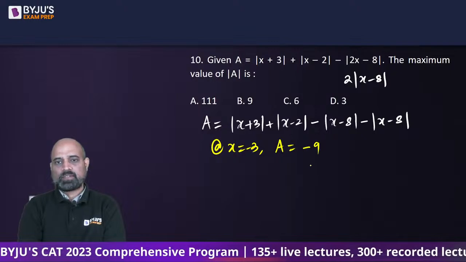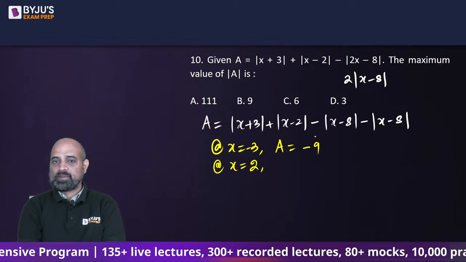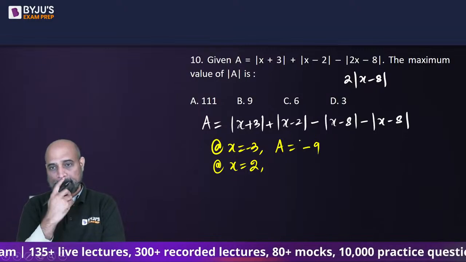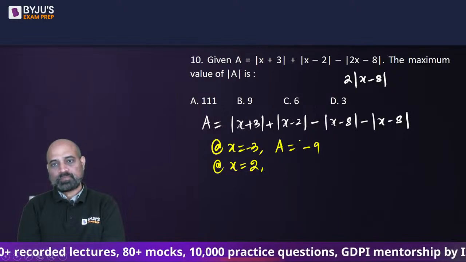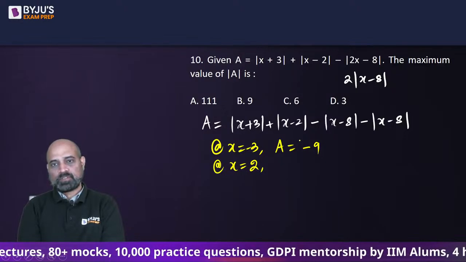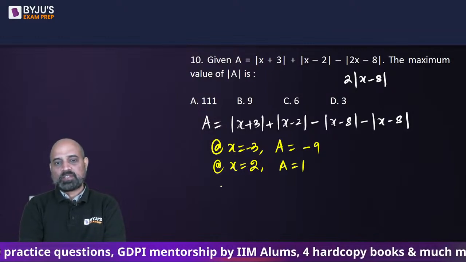Minus 9. And then at x is equal to 2, when the second mod is 0, you will be getting the value of A as 1.